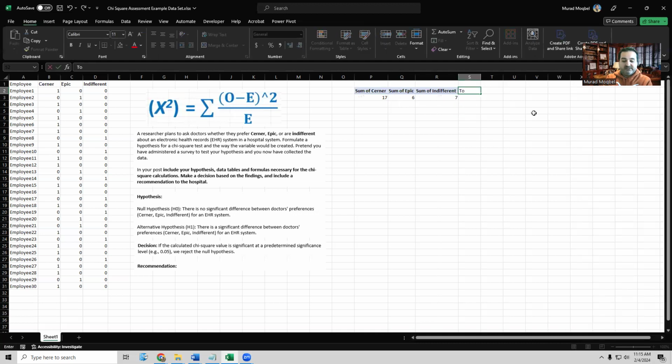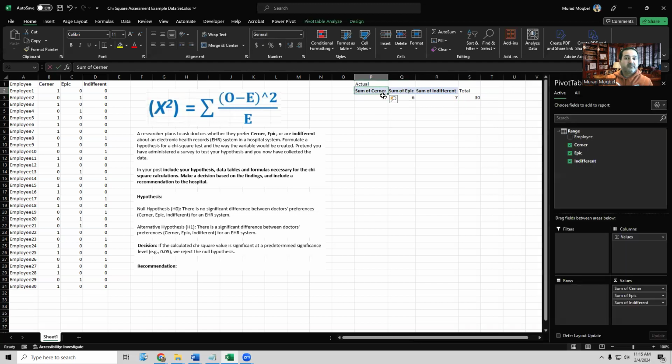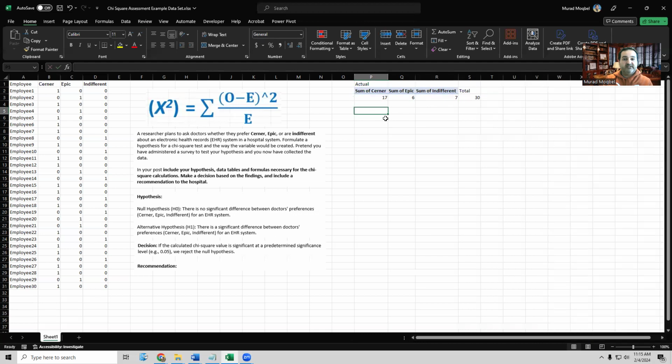Here we want to see the total. The total would be the sum of those, so it's 30. This one is the actual, so that's the actual data. Now let's calculate, or put in, the expected.